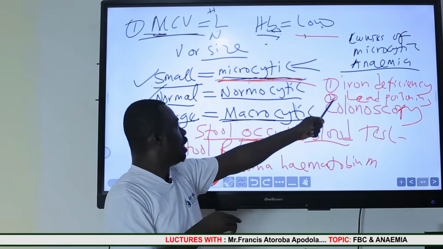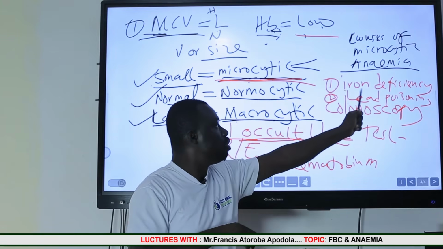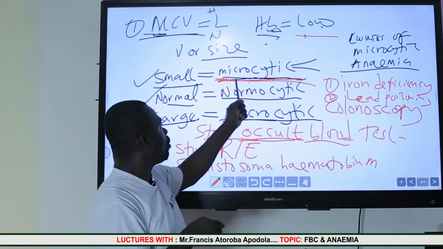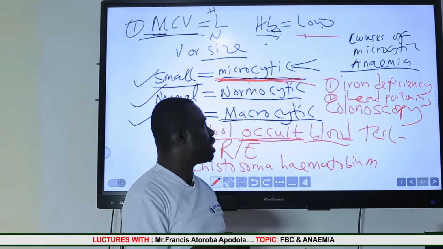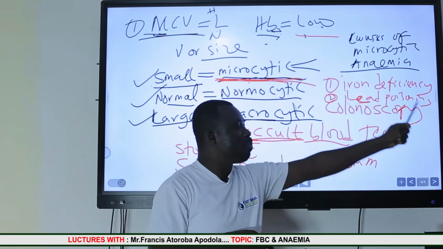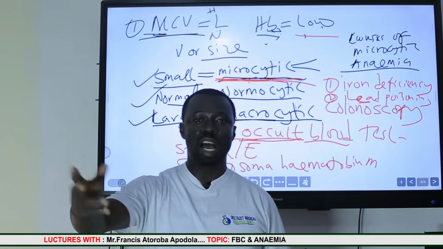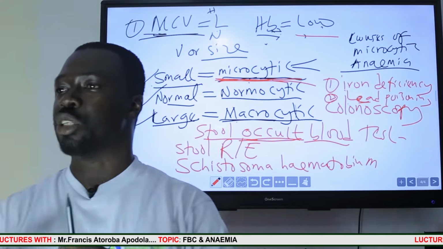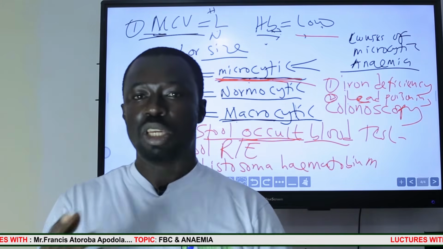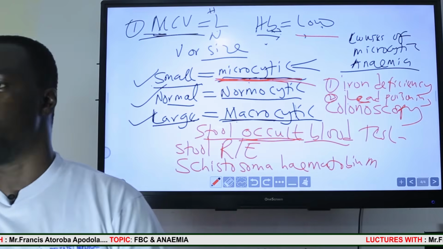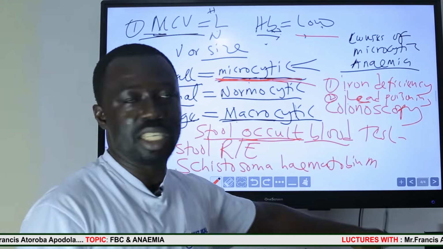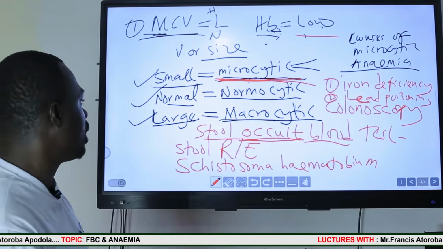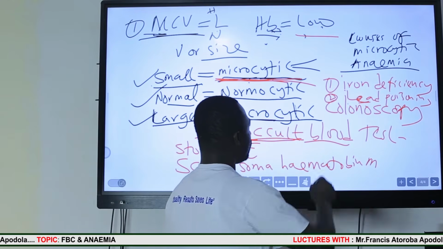At the end of the day, it interferes with the effective utilization of the iron, and that will result in microcytic anemia. So once we ask the patient the work he does and whether he has been putting lead metals into his mouth, then it can be a cause of lead poisoning. That microcytic anemia you are getting is lead poisoning.